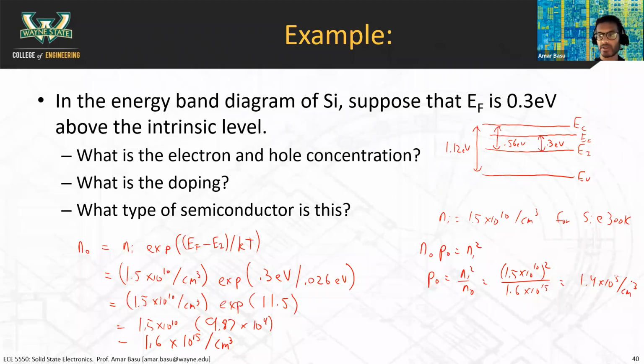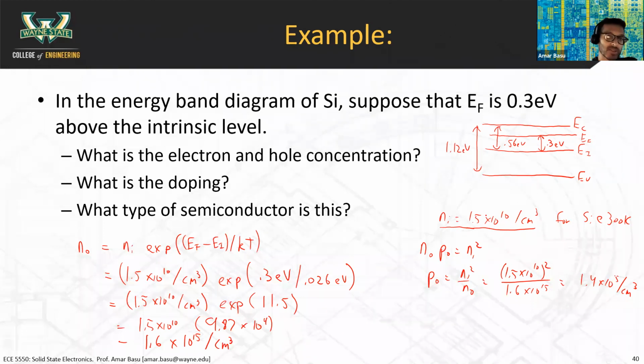Okay, so we have our hole concentration and our electron concentration. What do we notice here? Intrinsic carrier concentration is 1.5 times 10 to the 10, right? So that's what you would have in an undoped semiconductor. In our case, our electron concentration is 1.6 times 10 to the 15th, 5 orders of magnitude greater than the intrinsic carrier concentration.